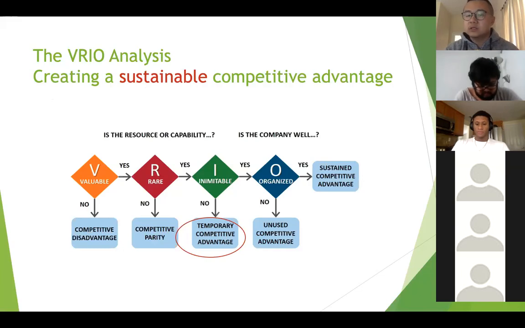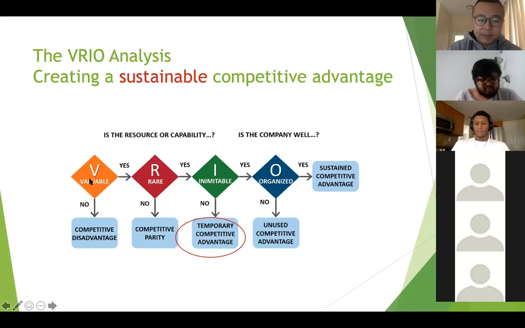They have a sequence. At the very beginning is V, valuable, and then rare, and then I, inimitable, and at the very ending is organized. So you can see here's a process for you to do the VRIO analysis.